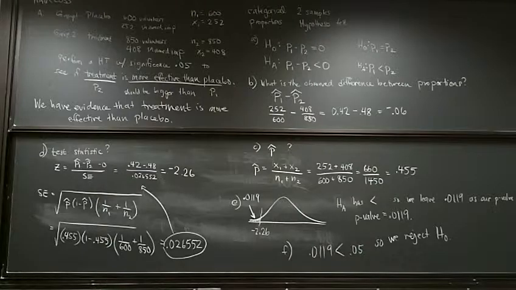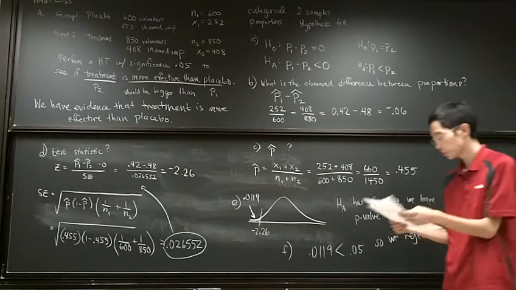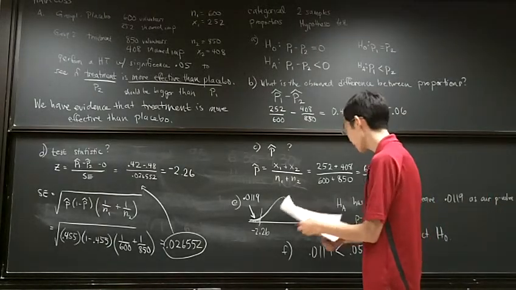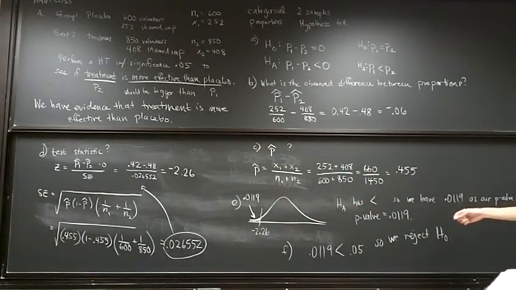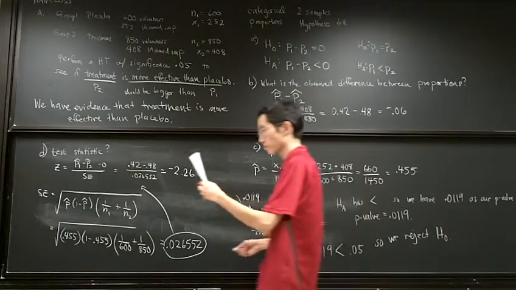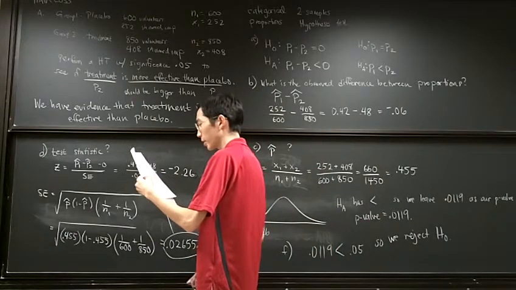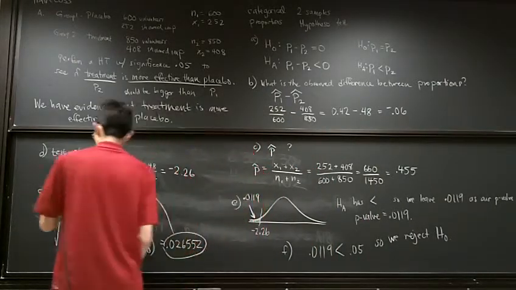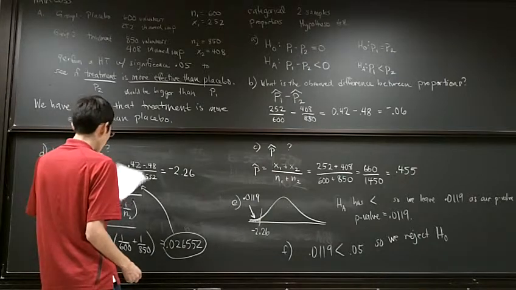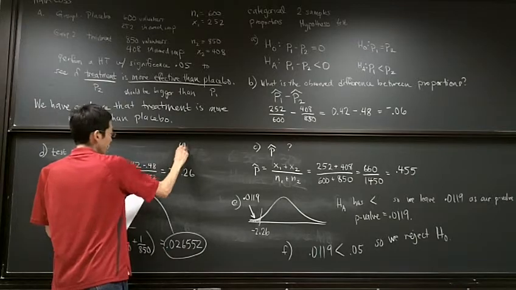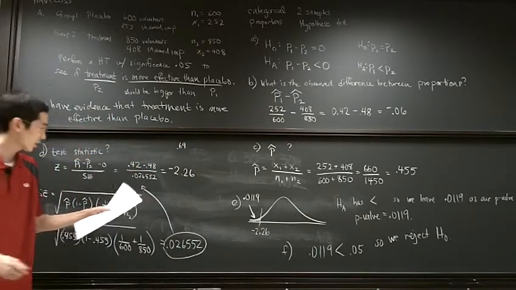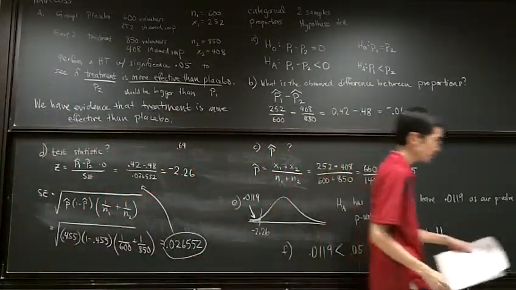Okay, so for the other one, the z-score ends up being positive 0.64, and so that means your p-value is rather large.